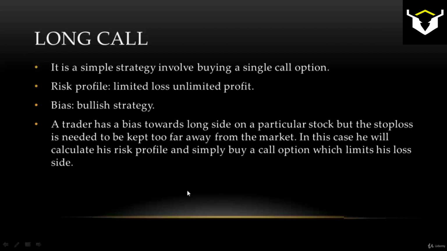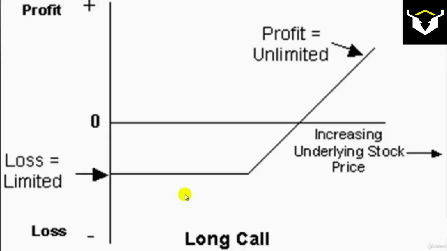This was the main reason why call and put options were developed, so that you could have maximum profit and limited losses. This is how the long call risk profile looks. Going from left to right is the increase in price of the underlying value.